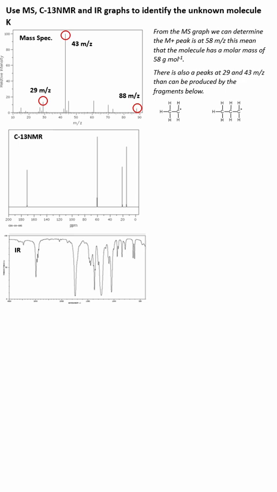If we add up the molar mass of all the atoms in the first one, the combined molar mass is 29, and with the second fragment, the combined molar mass is 43. So we have both of these present.